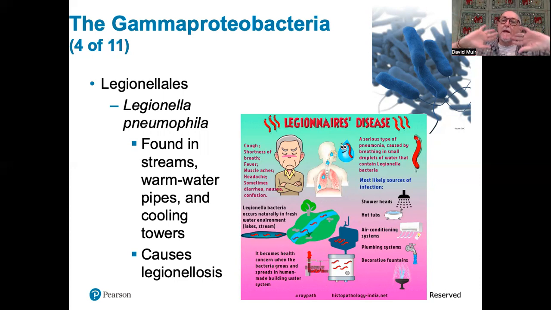When the air conditioner switched on again, it disturbed the water in the drip trays, caught up droplets of water, spread them through the air conditioning system, and sprayed them out into the room where these men were meeting. It has since been discovered that this has happened a number of times, and it is usually associated with these heating and cooling systems.